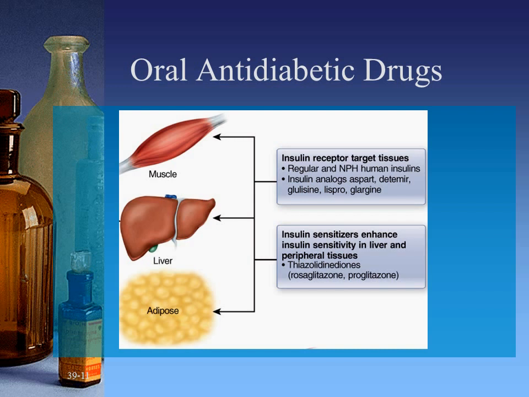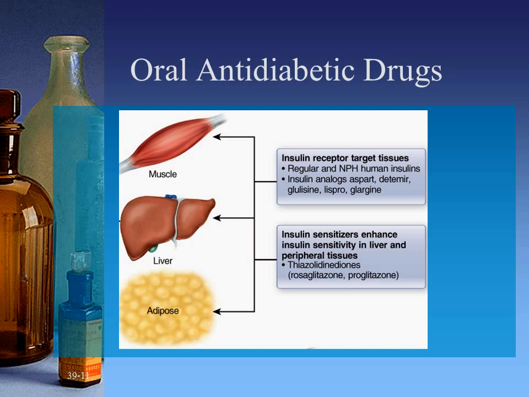What they're doing is activating receptors in the cells so that we can regulate insulin activity and make more efficient use of the insulin that is there. What this does is we use the insulin more efficiently, so then we're able to decrease the amount of glucose in the circulation.